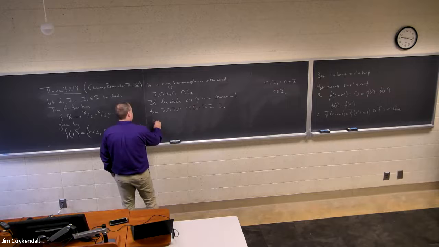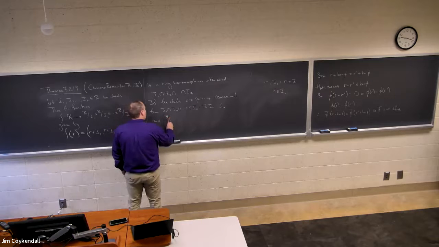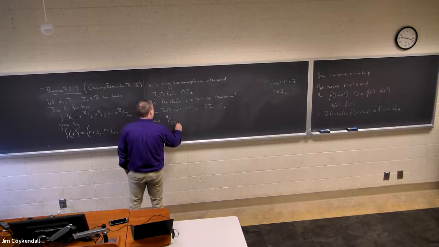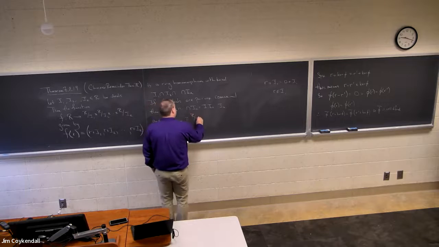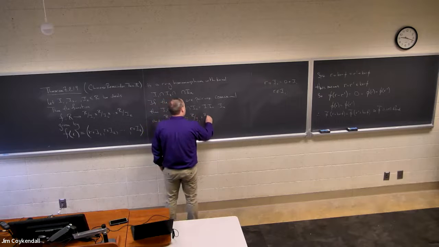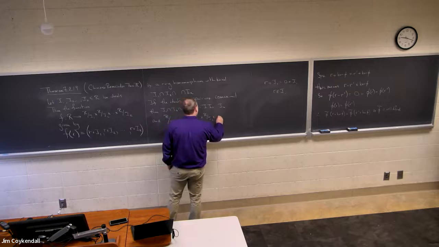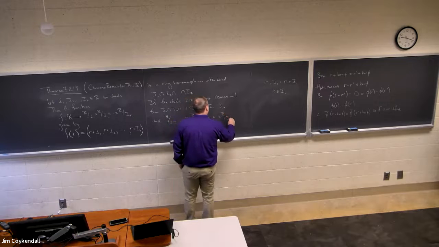And in this case, R mod I1 I2 IK is isomorphic to R mod I1, R mod I2, and so on.